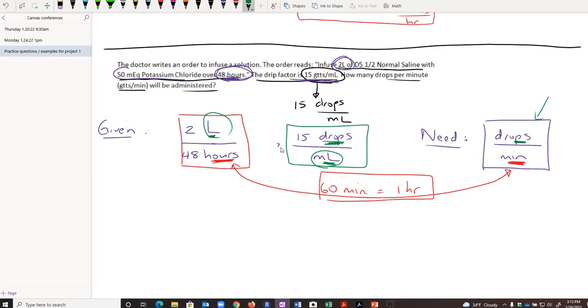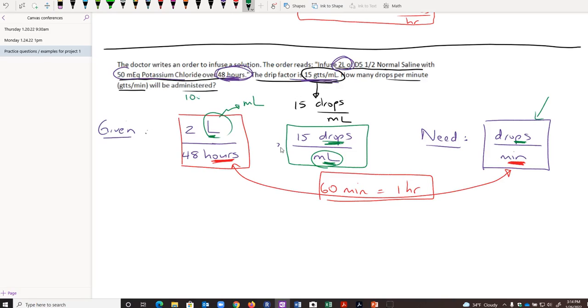Well, how do we get rid of things? We cancel them out. Well, can we cancel liters and milliliters? No, they have to be the same, right? So we can convert liters into mils, and then we can cancel out the mils in the second relationship given. All right, so we need to convert liters into milliliters.